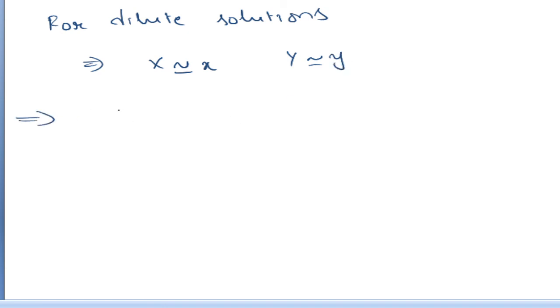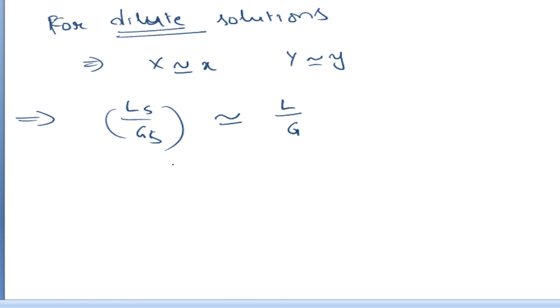So in that case, LS by GS, that is moles of non-diffusing component in liquid phase over moles of non-diffusing component in gaseous phase, is almost equal to the ratio of moles of liquid mixture divided by moles of gaseous mixture. This is a special case for dilute solution. It is a simplification generally used for dilute solutions, and it is one of the important questions in GATE.